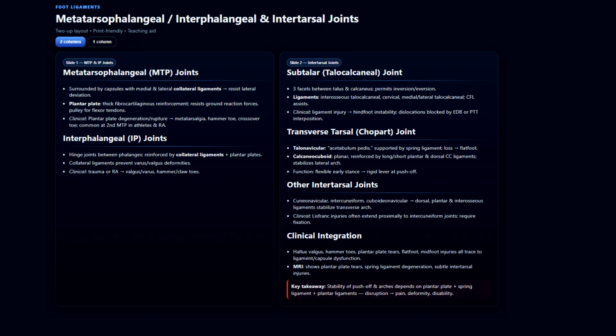Moreover, when reconstructing arches surgically, such as in flat foot reconstruction, the surgeon relies heavily on restoring the integrity of ligaments like the spring ligament and the plantar ligaments of the calcaneocuboid joint. Radiographically, MRI is indispensable for visualizing plantar plate tears, spring ligament degeneration, and subtle intertarsal injuries. And biomechanically, every step we take demonstrates the intricate coordination of these small yet indispensable stabilizers.